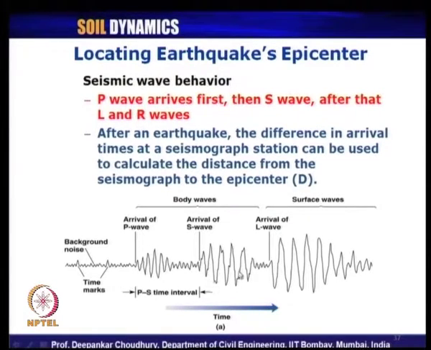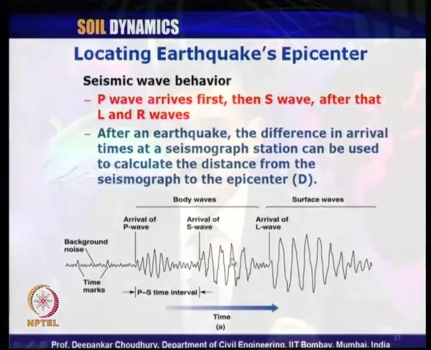Otherwise, if it is located in the shadow zone of the S wave only, obviously the S waves will not come, and you will record only the P wave. And if it is located in the shadow zone of both P and S waves, nothing will appear, so you will not even feel that some earthquake has occurred in some part of the world.